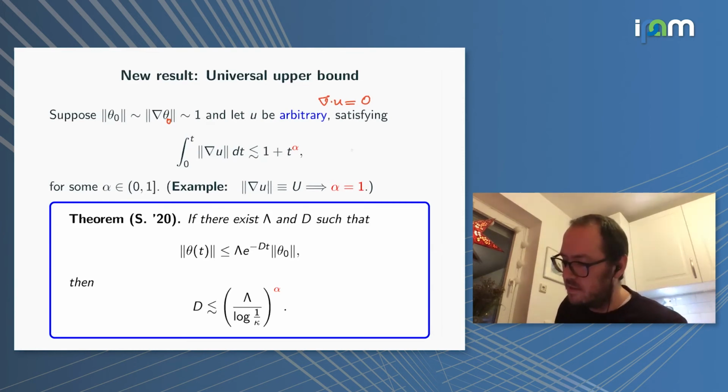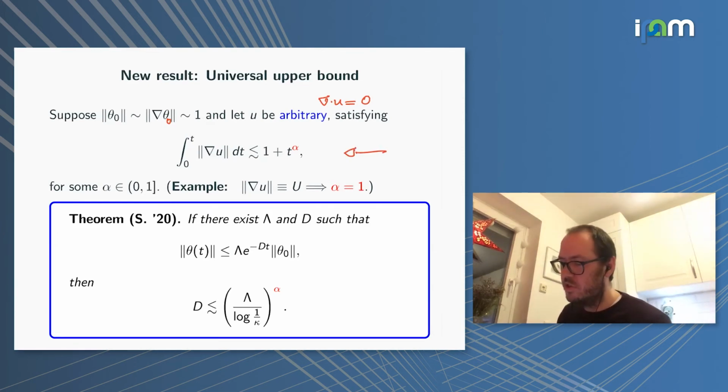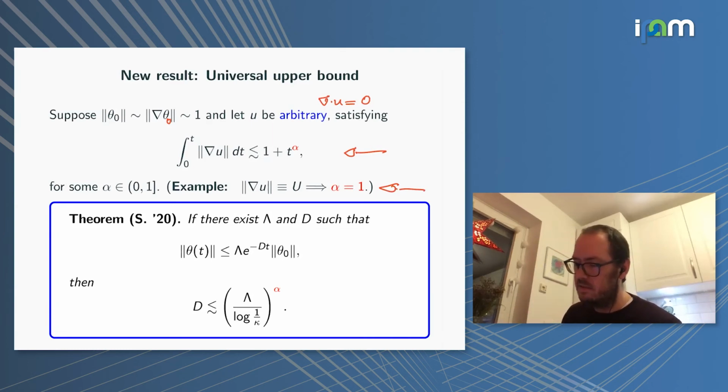So this situation here is a little bit more general, but we can think in most of the cases of having bounds of this form, and I will essentially only discuss the case alpha equal to 1. The test case is the case that I would say we understand best: alpha is 1, and the enstrophy is just fixed in time.